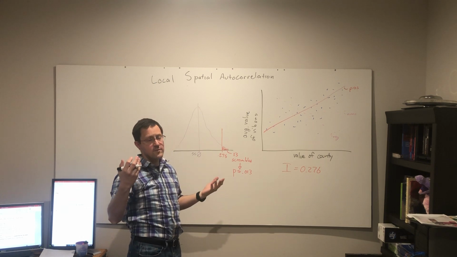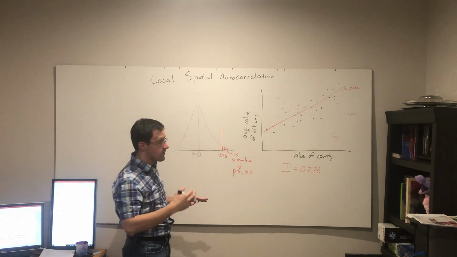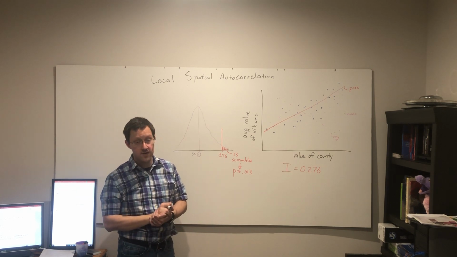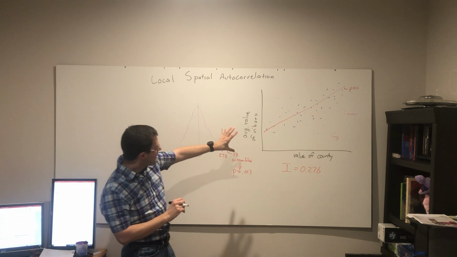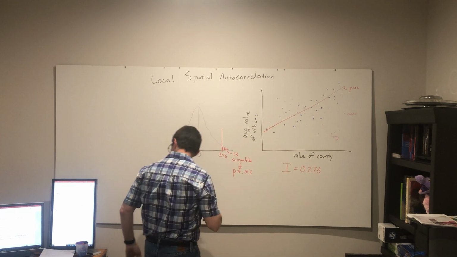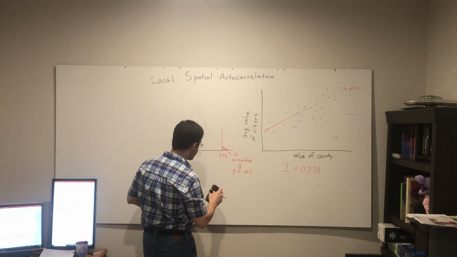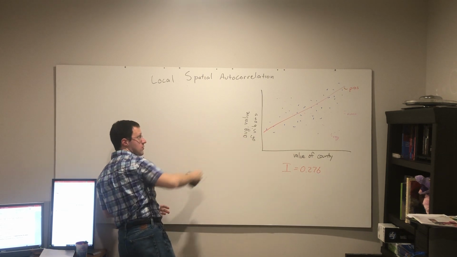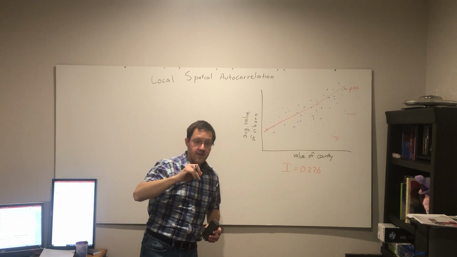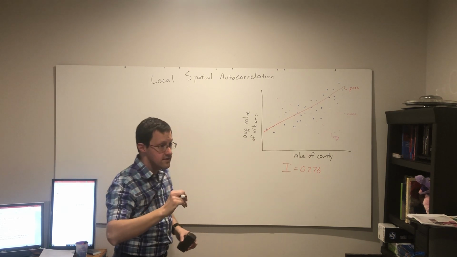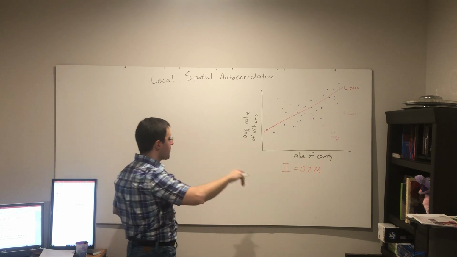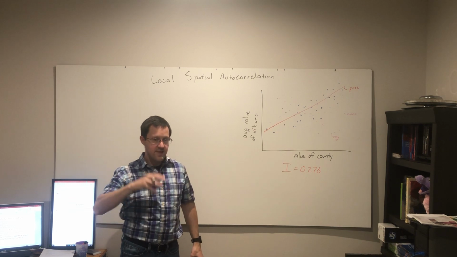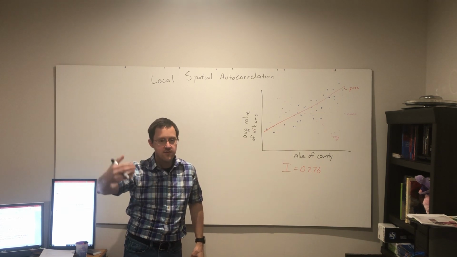The official term ends up being local indicators of spatial autocorrelation, or LISA, or you may hear just as easily local Moran's I. What local Moran's I is doing is taking that scatter plot and asking how unusual, how far away from these center lines is each individual county.